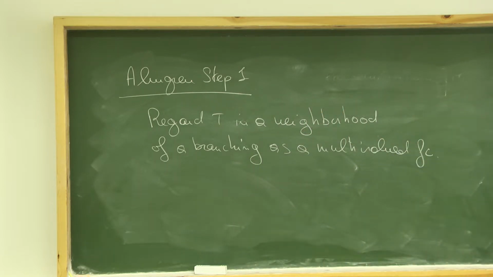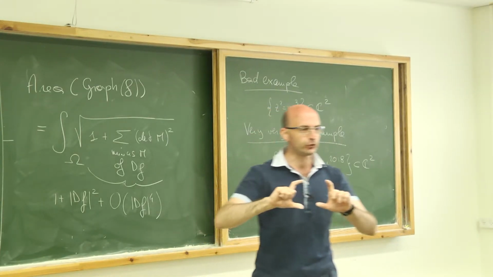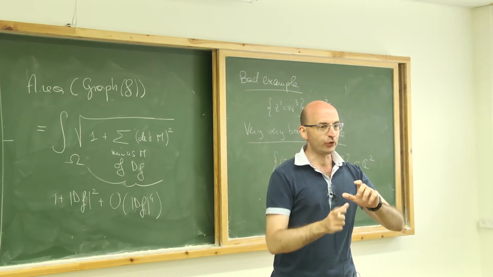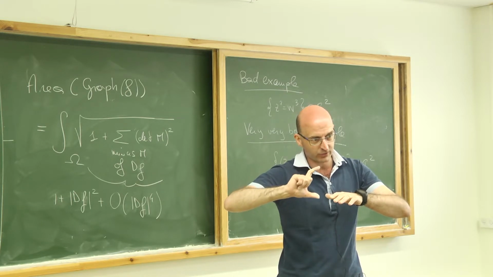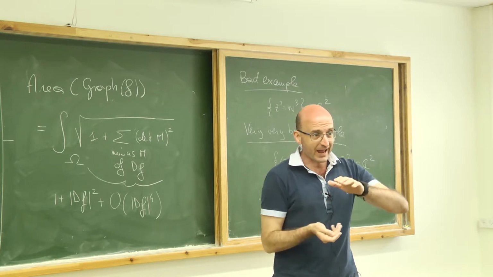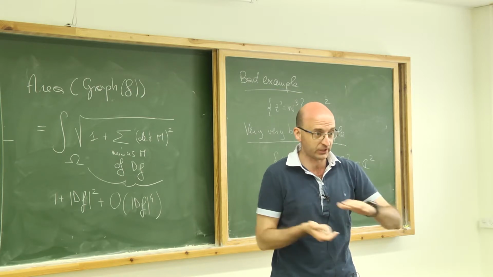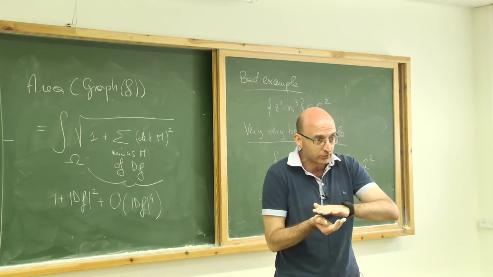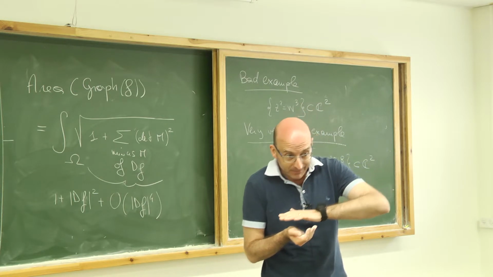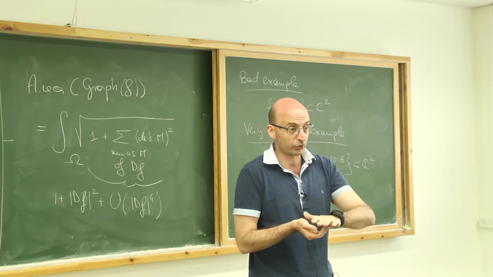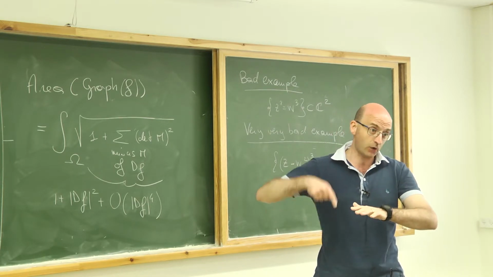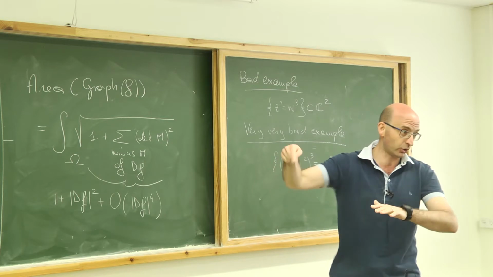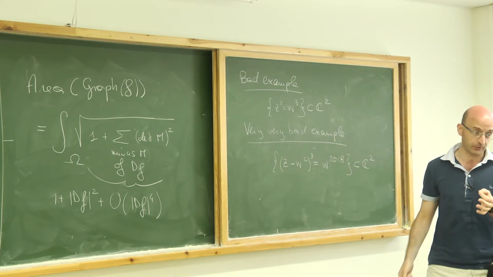And notice also that geometrically, you know how many values this function is taking. Okay? So if you have a Q-valued function, so if the values that your multi-valued function is taking are always Q, then when you make this rescaling procedure in a point which looks very flat, you are converging to a plane taken with multiplicity Q. So the number of values that you want to model the behavior of your current is the multiplicity of the flat tangent cone that you're looking at a specific point x.